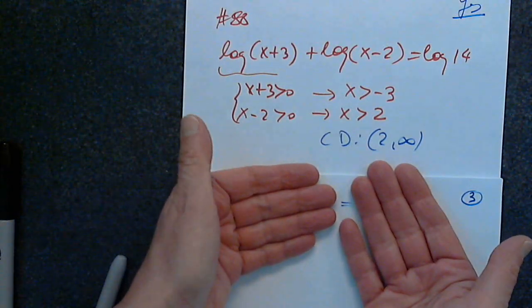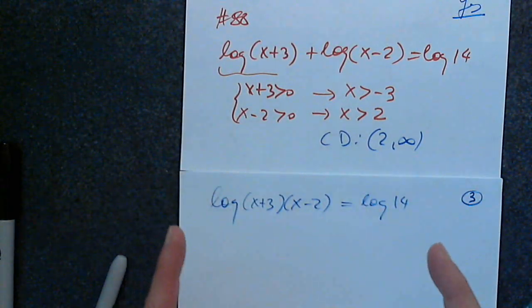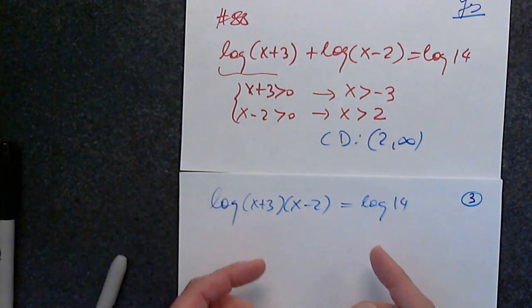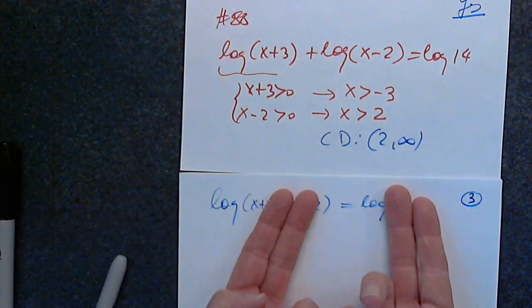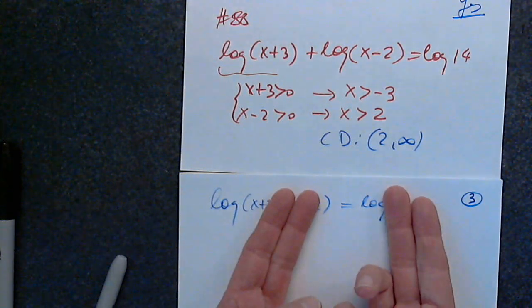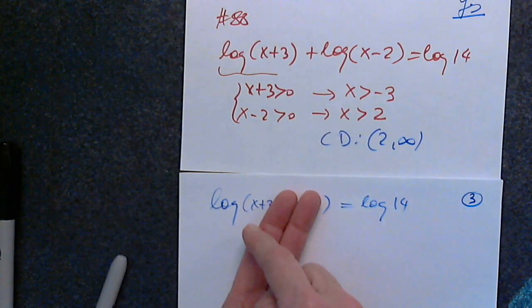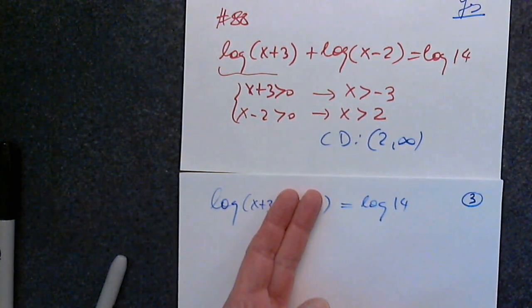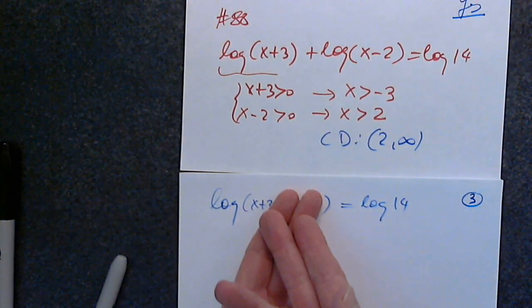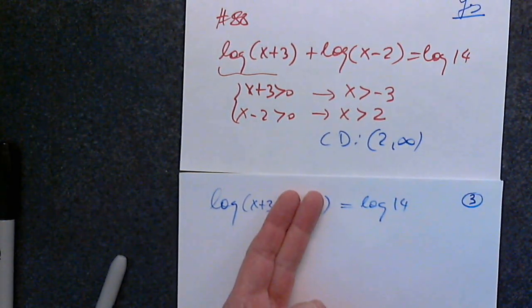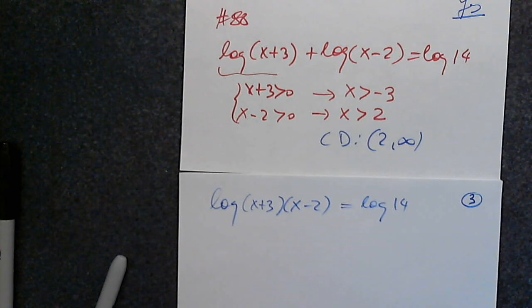Two numbers are equal and they have the same log. What has to happen to these? They have to be equal. Log of 15 will not equal log of 14. Log of 1000 will not equal log of 14. So we are not crossing out log. We're not simplifying log. We're only thinking.